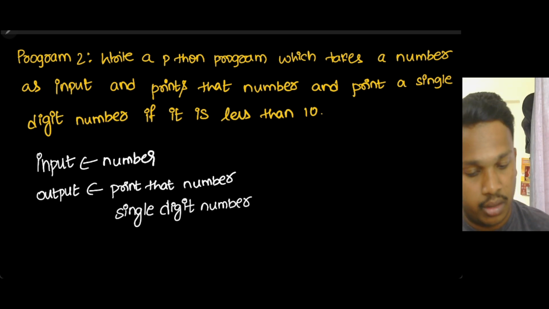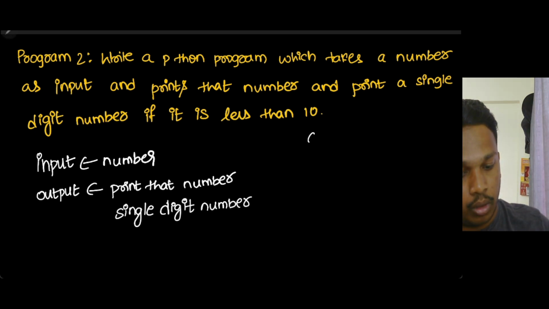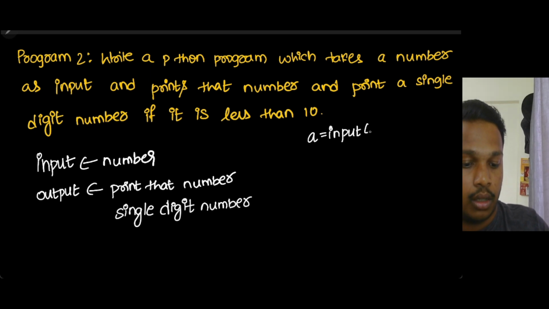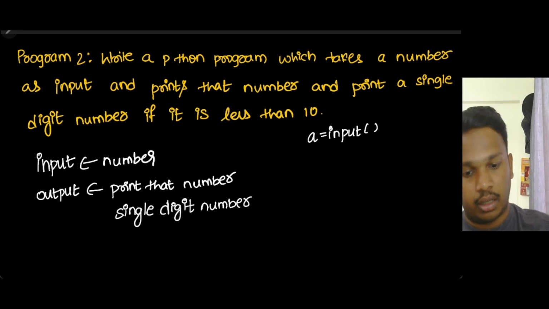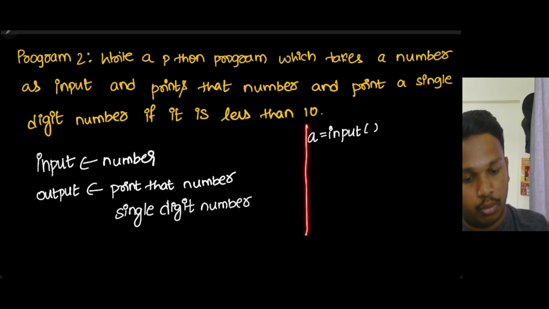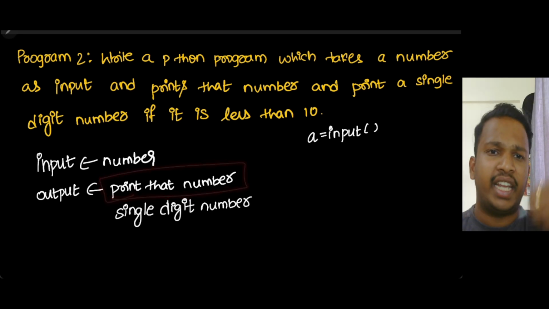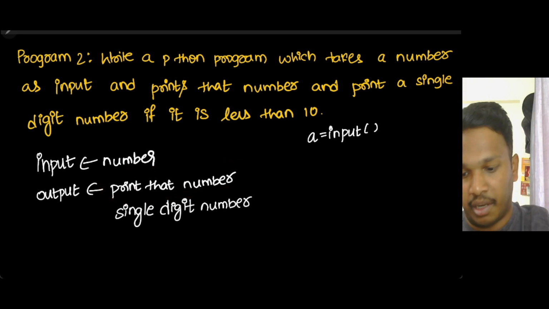Now how to do this? First step, while writing the program, first we should take the input. A is equals to input of. We are taking one input, and in the top to bottom flow, in any case we should print the number first.